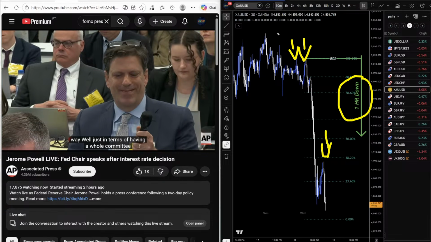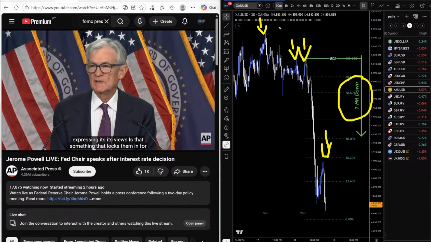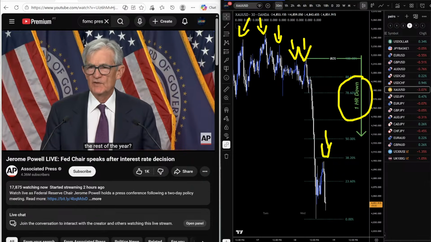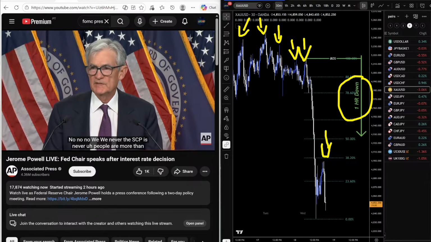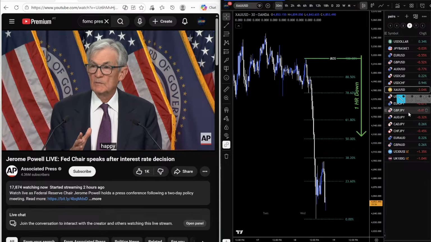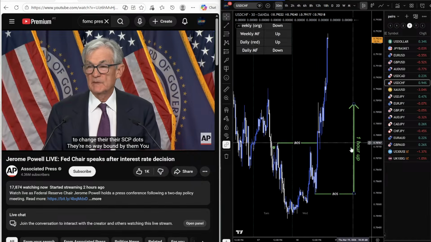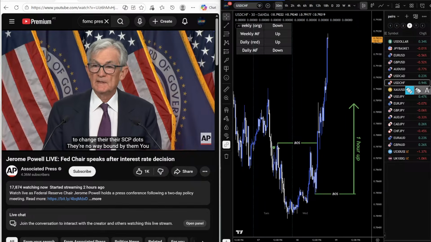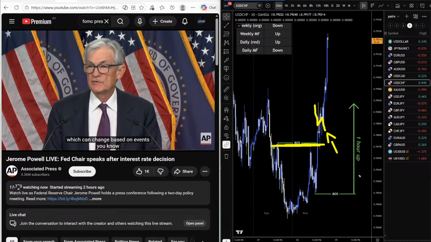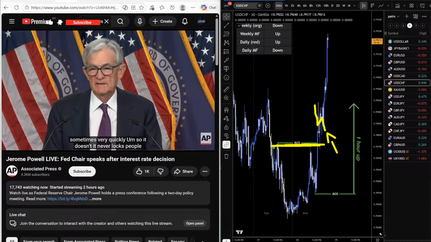No. The SEP is never. People are more than happy to change their SEP dots. They're in no way bound by them. It's your opinion at a moment in time, which can change based on events, sometimes very quickly. So it never locks people in. People are more than happy to be proven wrong in either direction, and so I just think we do it.